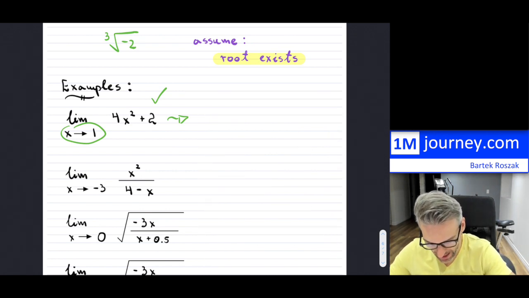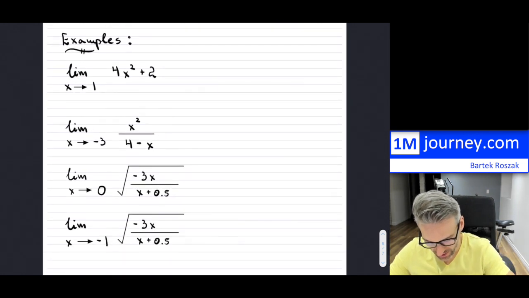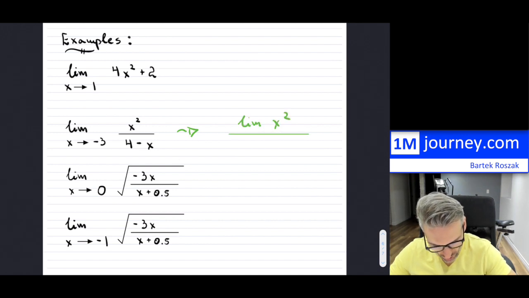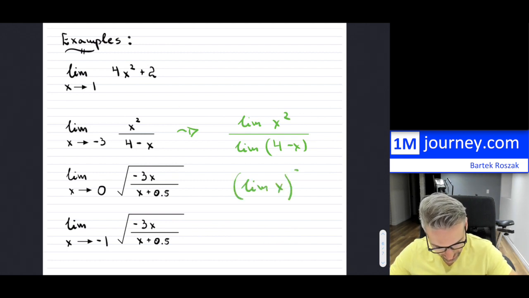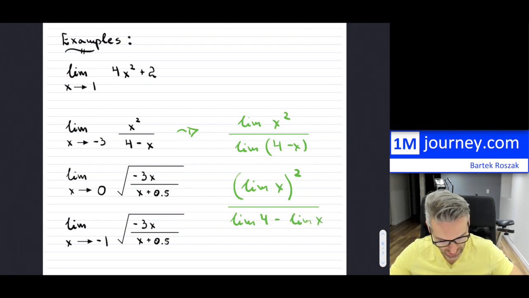Now, another example. This is just a bombardment of examples for you. So what about this one? Well, I would say this is the limit of x squared all over the limit of 4 minus x. That's step 1. Now I can take the square out, so it's the limit of x, squared, all over the limit of 4 minus the limit of x.